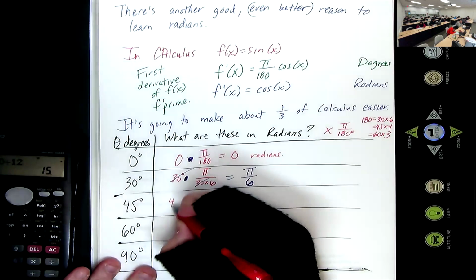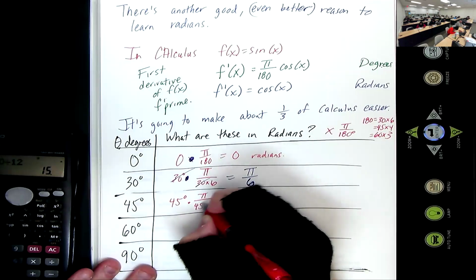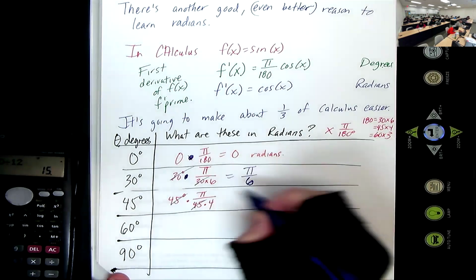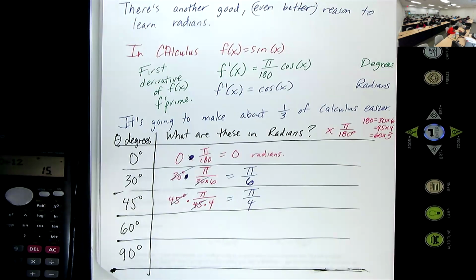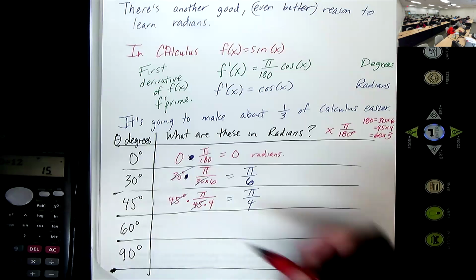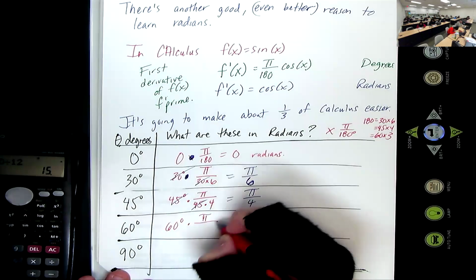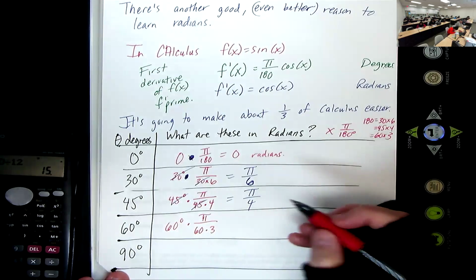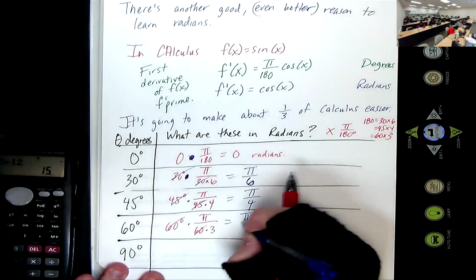We do 45 degrees. 180 was 45 times 4 there. 45s cancel, and we're left with pi over 4. 60 degrees times pi over 60 times 3. The 60s cancel. And I get pi over 3.